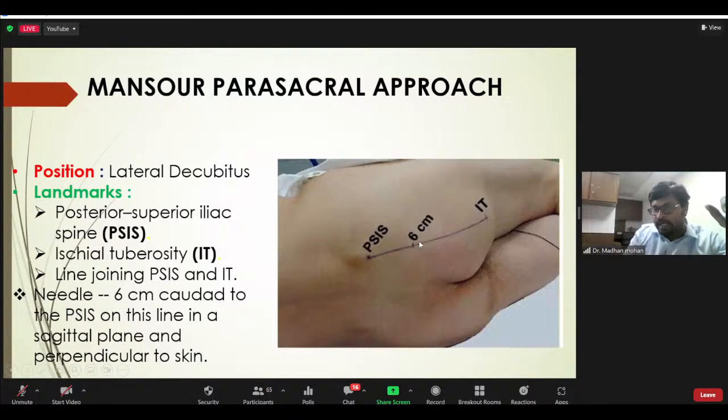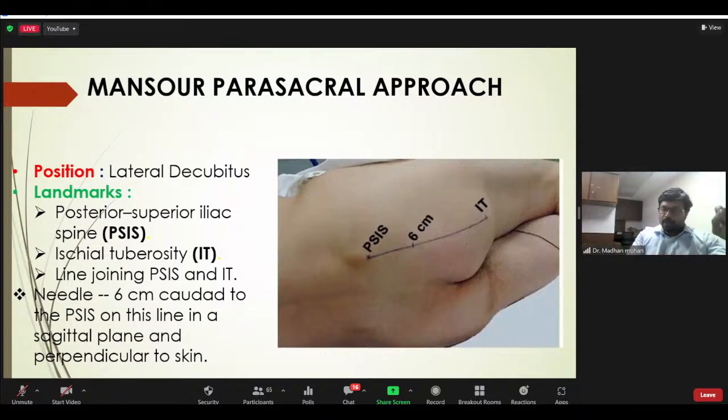Now we draw a line connecting both, and the needle entry point will be 6 centimeters distal to the posterior superior iliac spine. So this will be the needle entry point. And being a deeper block, you need a 10 centimeter or even 15 centimeter stimulating needle, because this muscle itself is bulky and fat may be there. So in an adult patient, you may require a longer needle.